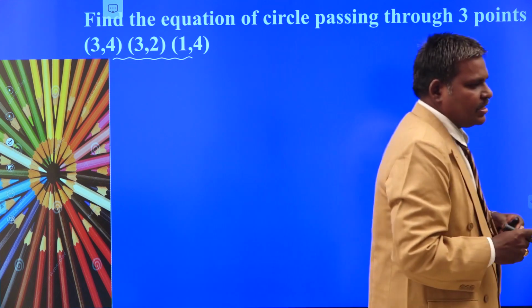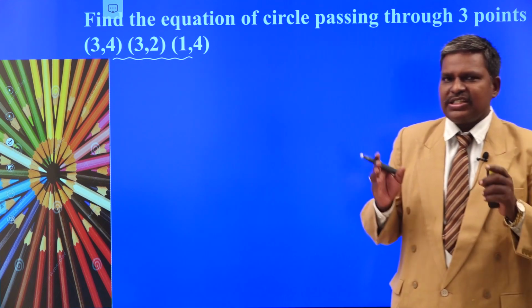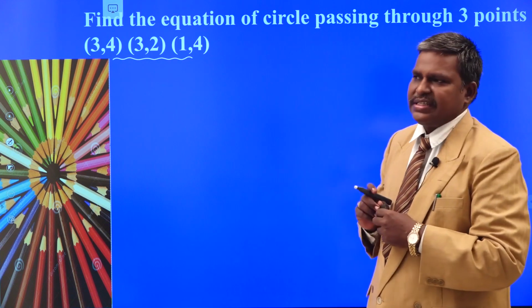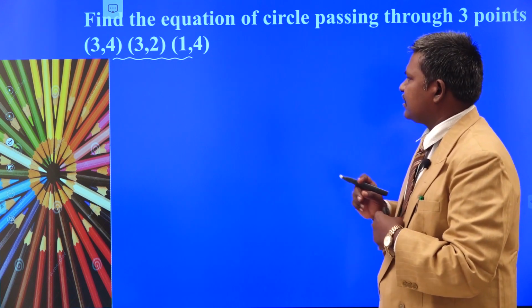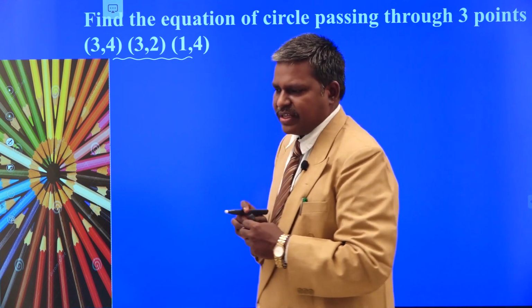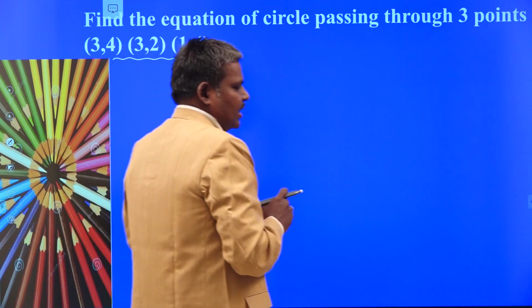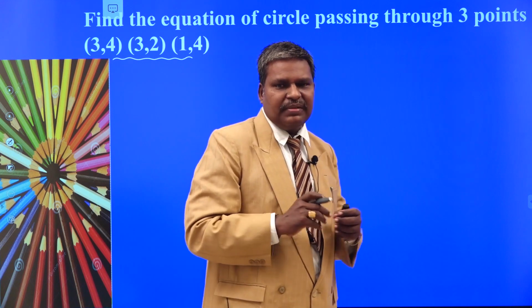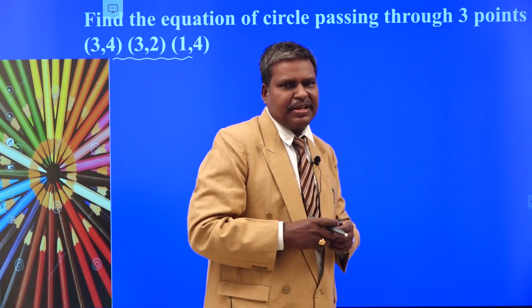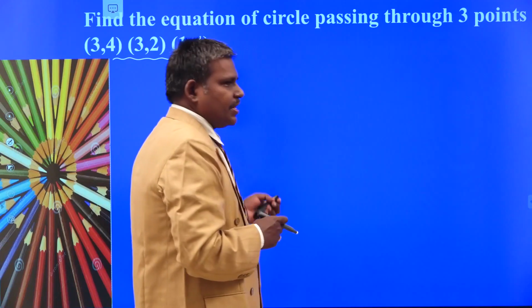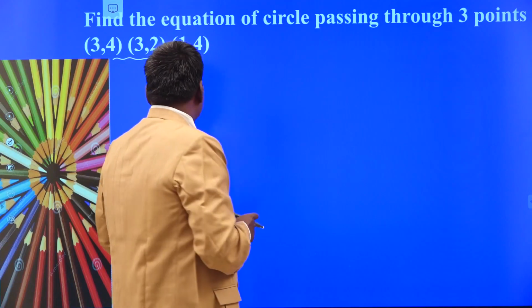That is why the 3 points are not collinear. Therefore, there exists a unique circle passing through these 3 points. Am I correct or not? Yes. Now, how to find the equation of the circle? We choose the standard equation S = 0 as the required equation of the circle passing through the 3 points. This is the best method, I think. You may use any of the methods we discussed earlier.